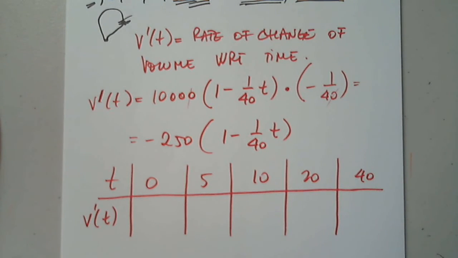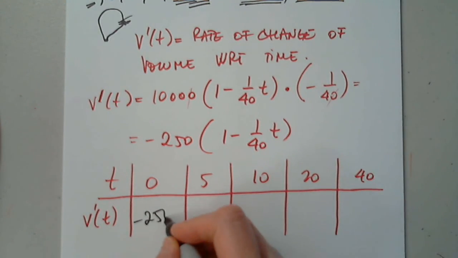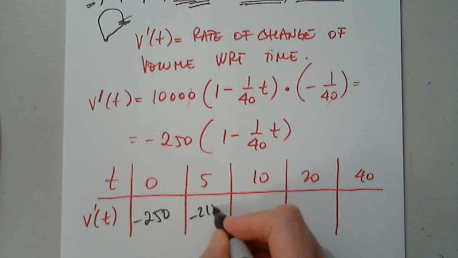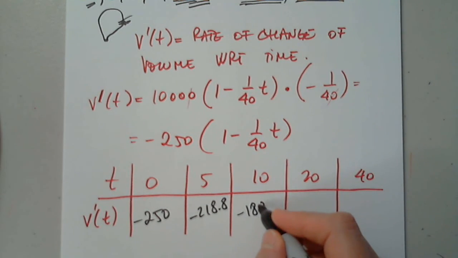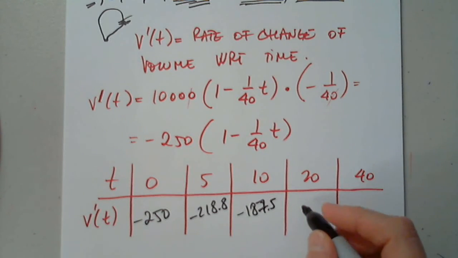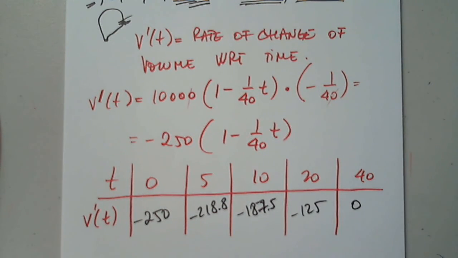And now we want 0, which is right there, 5, 10, 20, 40. Good. So -250, -218.8, I don't need too much, -187.5, -125, and 0.